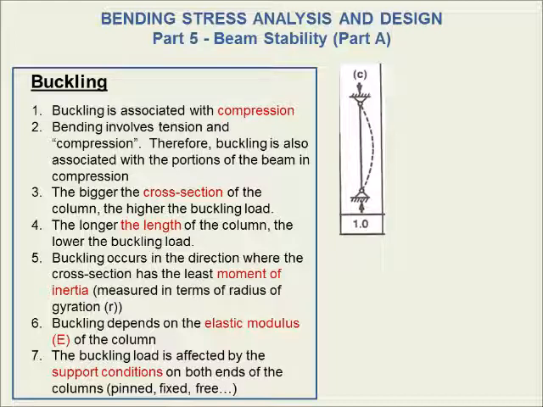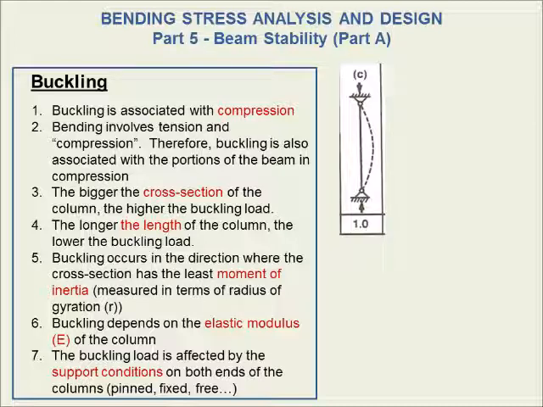The effective length factor, which is referred to as K, is the parameter we use to represent this variable that affects the buckling length. This variable being the support conditions, right? So let's take this step by step.